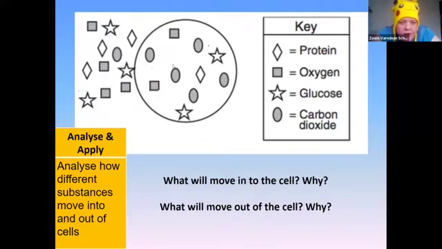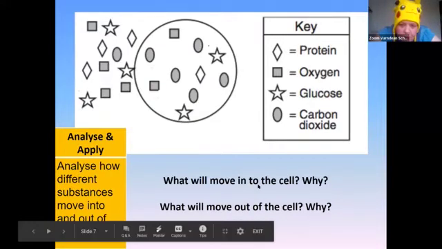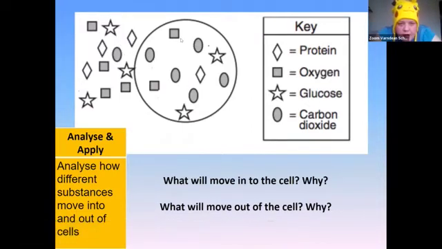The key thing I need to tell you, because I'm going to ask you these two questions in a minute, is which one will move into the cell, and which one will move out. The key thing I need to point out is, you can count the shapes. So you should be able to work out where there's a high concentration and a low concentration. If we're moving into the cell, we're going to go from high to low.